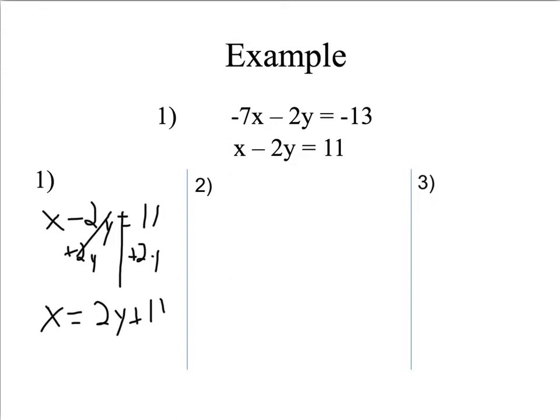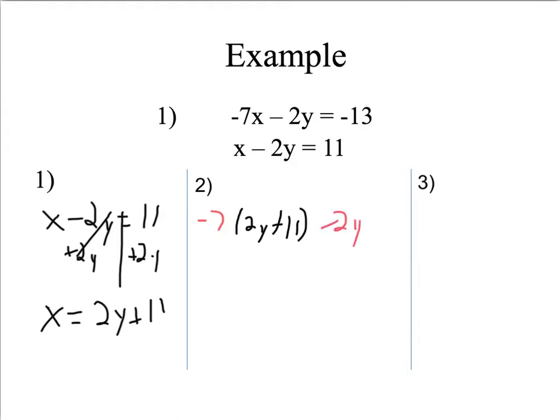So I want to take my second equation, the one I didn't use, and I want to write it down, but this time, instead of writing in this x, I know what that x is equal to. It's equal to 2y plus 11. So I'm actually going to take out the x and put in the 2y plus 11, and then finish out the rest of the equation.